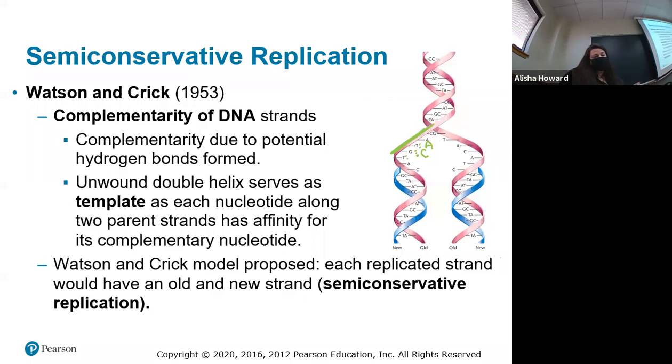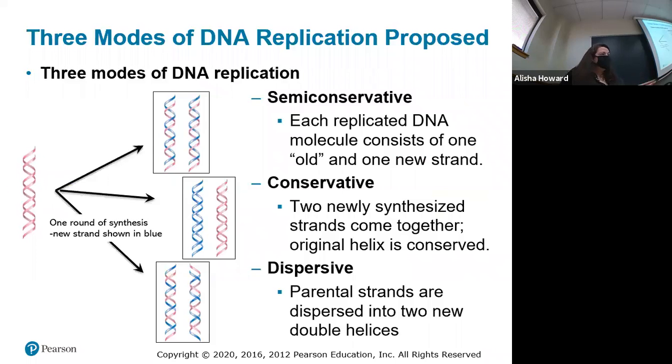So besides semi-conservative, and it is semi-conservative, what was proposed at the time was that it could be conservative, it could be semi-conservative, or it could be dispersive. So let's start with conservative, okay? Conservative is where you have one entire strand and you're going to make one entire daughter strand.